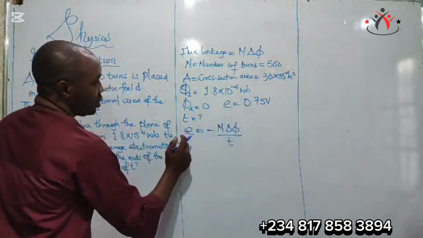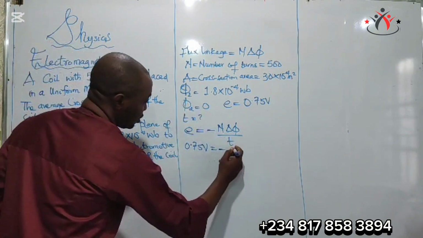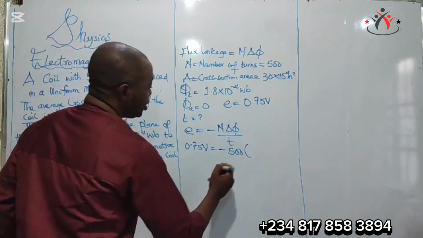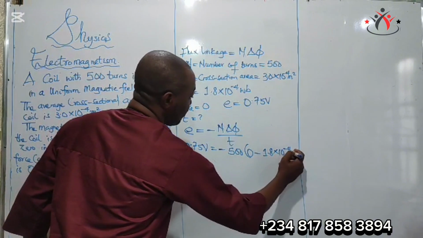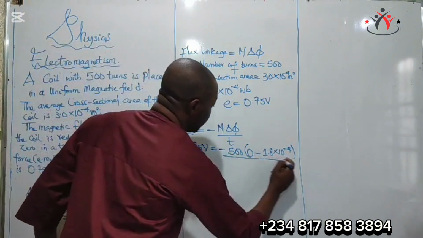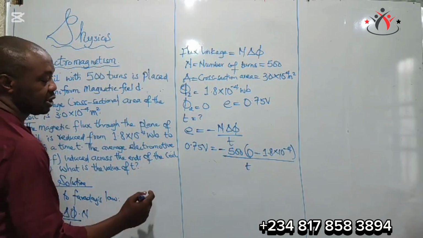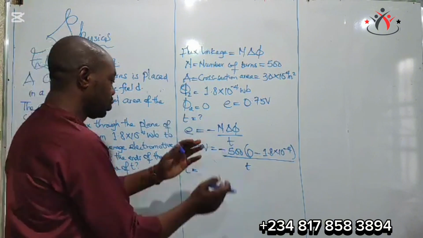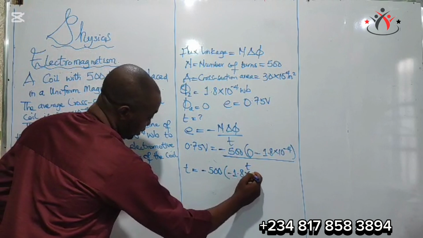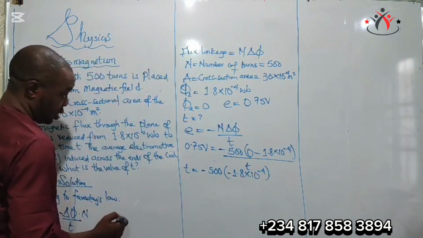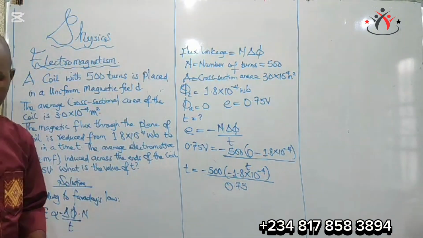So we have 0.75 as the electromotive force, and the number of turns, that is 500. The change in magnetic flux will be 0 minus 1.8 times 10 to the negative 4 Weber, divided by time. We are looking for time t, so when we switch, t equals negative 500 times negative 1.8 times 10 to the negative 4, divided by 0.75.